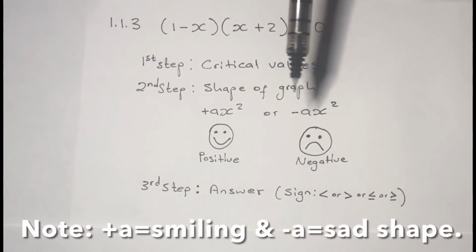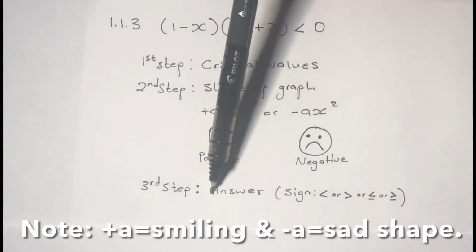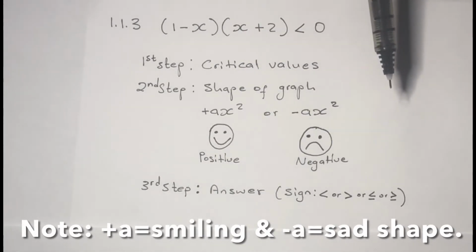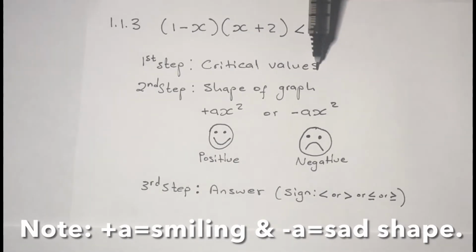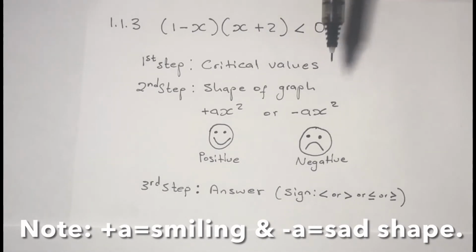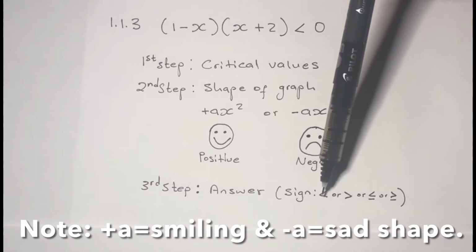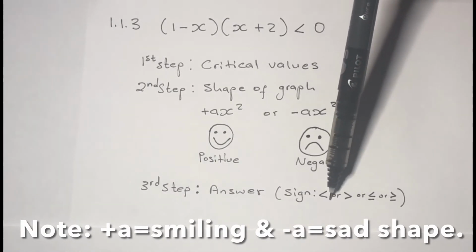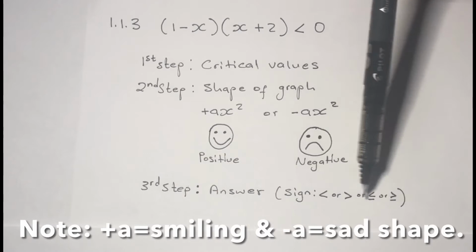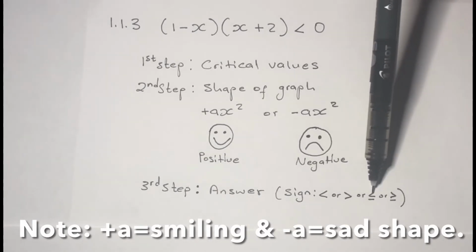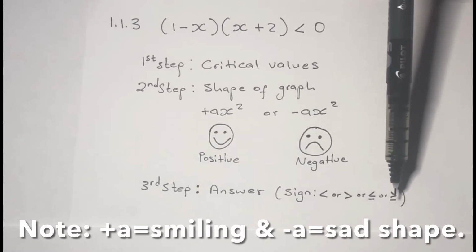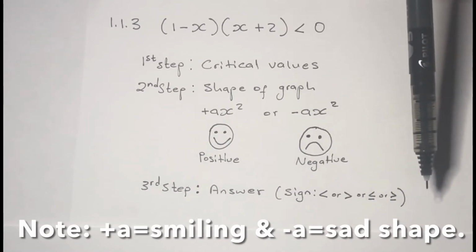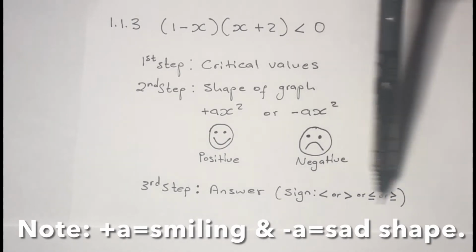And your third step, that's where you give the answers. So your answer comes from your critical values, and also you need to then determine if the sign is less than or greater than or less than and equal to or greater than and equal to. So that comes from the original equation.